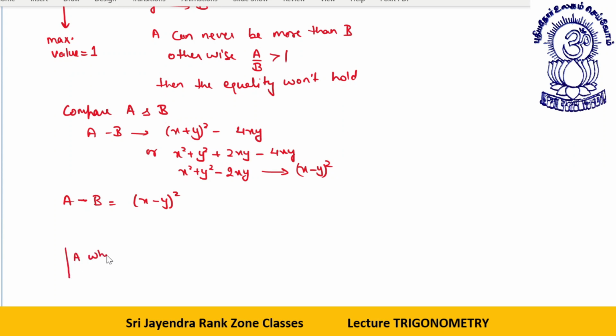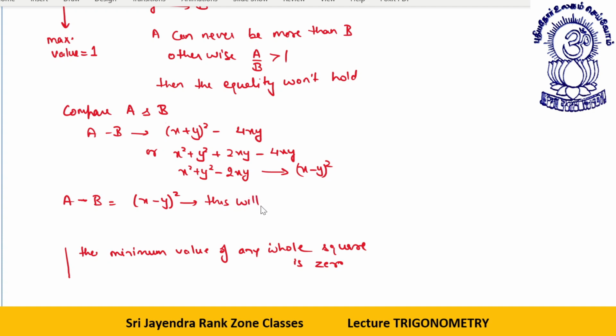For any whole square, the minimum value is 0.